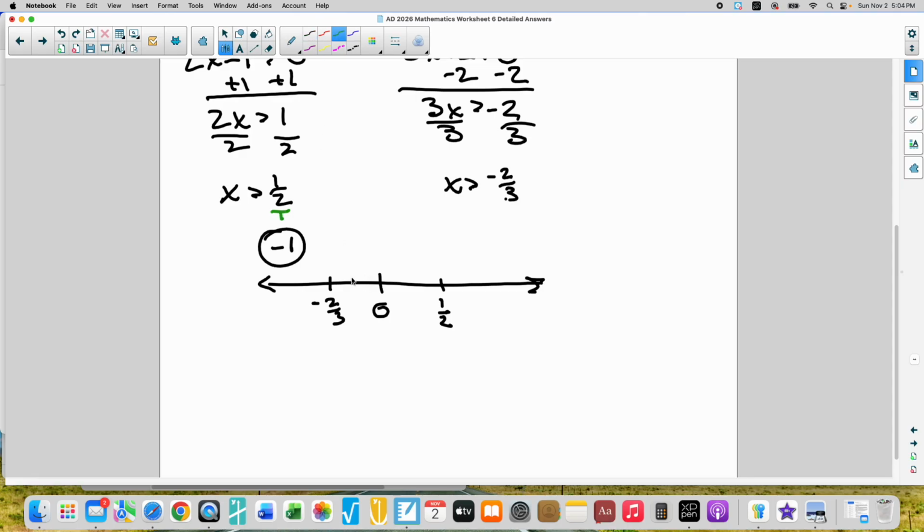Let's pick a number in this boundary, let's take negative 1/2. Let's test that.